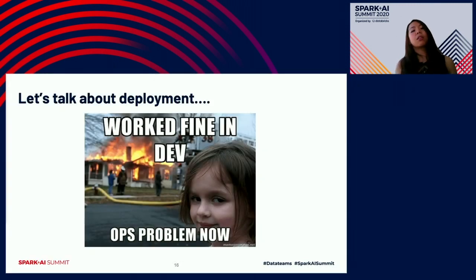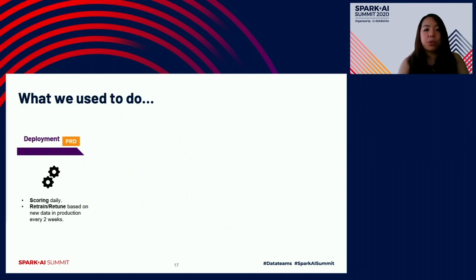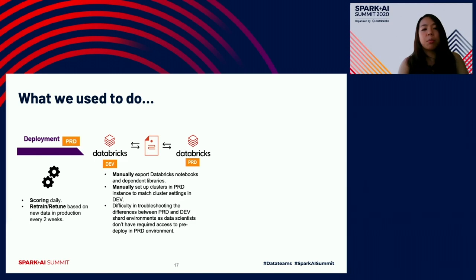Okay, so let's talk about deployment. What happens all the time is that things work in development and everything breaks in production. And how can we streamline that process? So what we used to do is that we manually import and export all these Databricks notebooks that are needed for deployment. And also we manually set up all these different clusters in production based on development clusters in development.